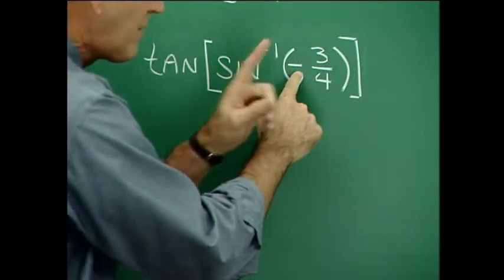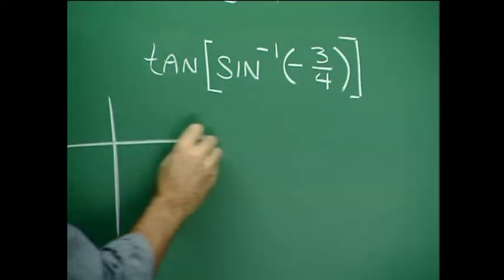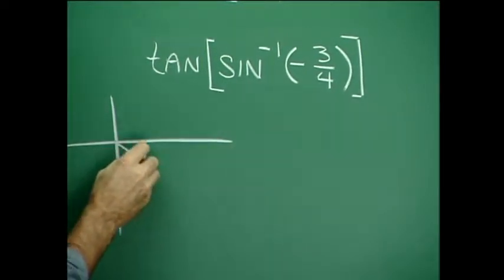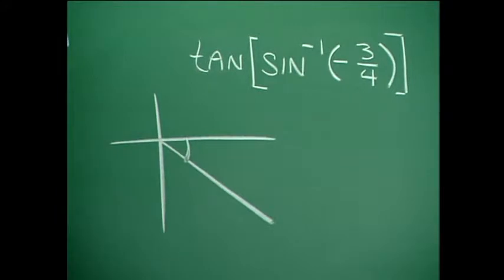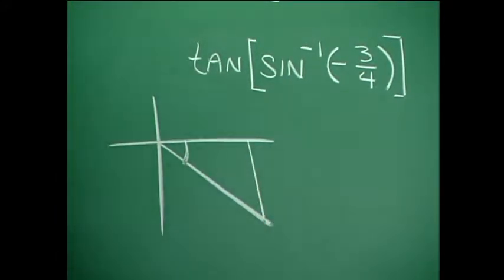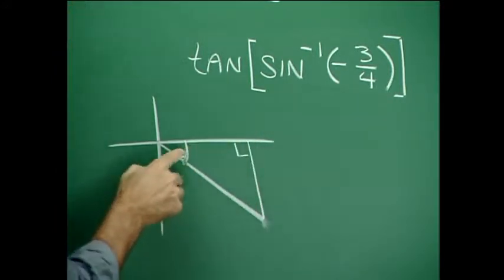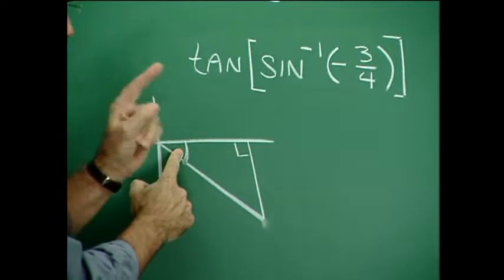Fourth quadrant angle. We have a fourth quadrant right triangle too. The situation looks like this. We're talking about an angle that falls in the fourth quadrant and a right triangle in the fourth quadrant. And let's see, the sine of this angle is -3/4.